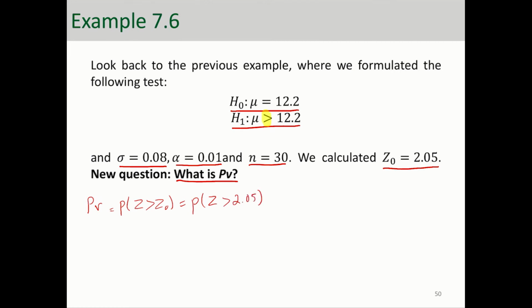Now, we need to find this probability from the z table, the normal distribution table. If you remember, the normal distribution table is cumulative. So we have to change this to 1 minus the probability of z less than 2.05 to do the job easier. And then you can read that from the normal table.